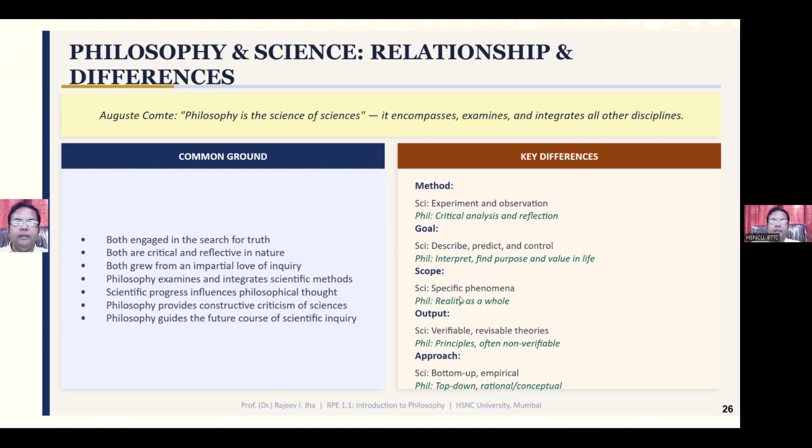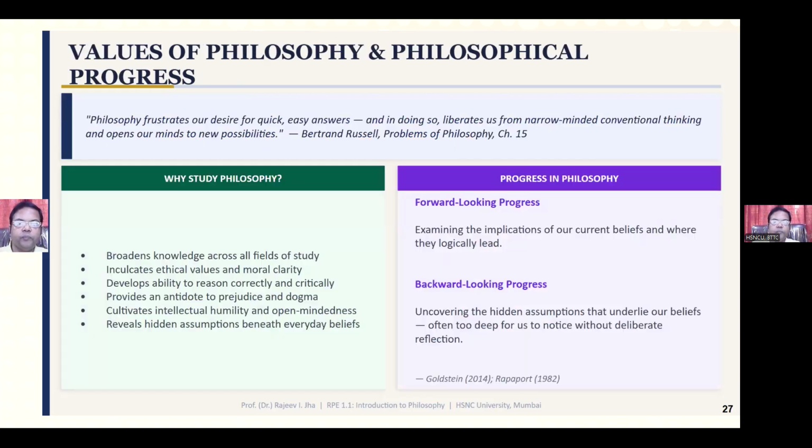Let us now examine the values that make philosophy worth studying and what genuine philosophical progress looks like. Bertrand Russell, one of the 20th century's most rigorous philosophical minds, made an argument about philosophy that surprises many students.